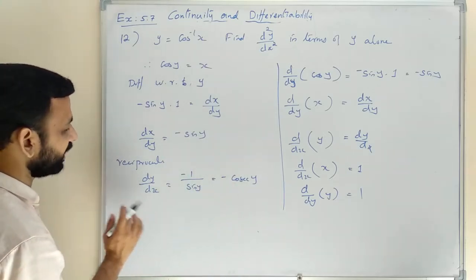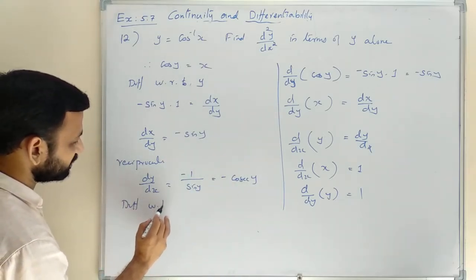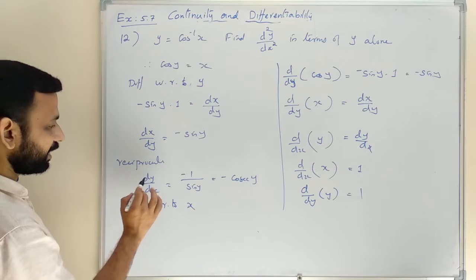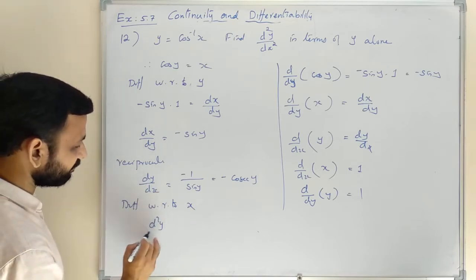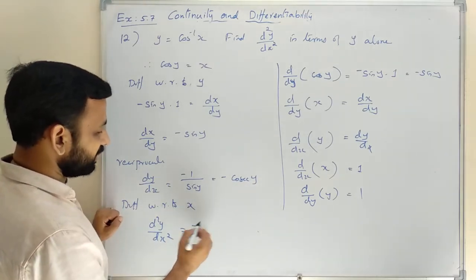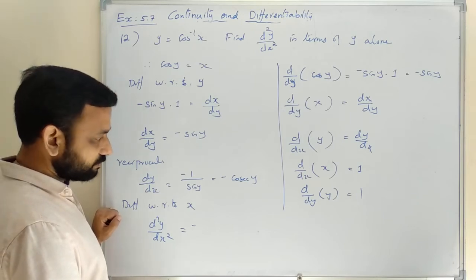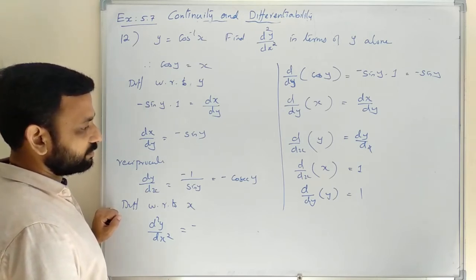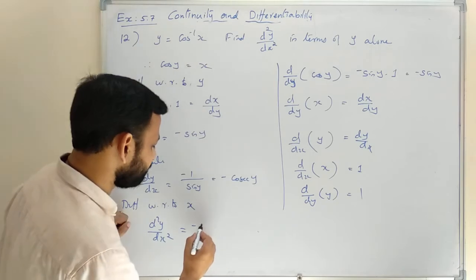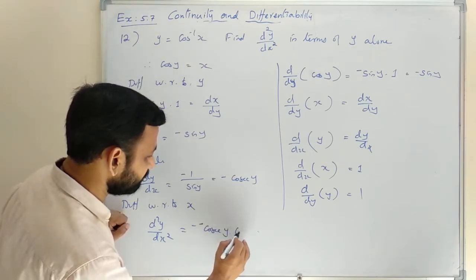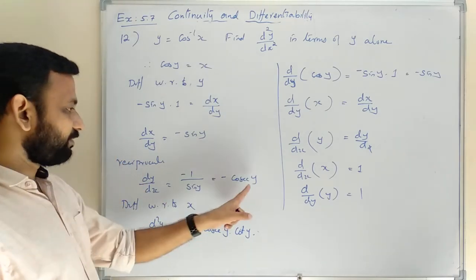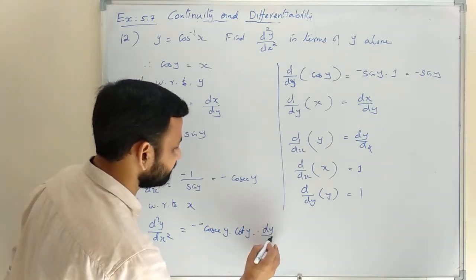So we can differentiate with respect to x. d by dx of dy by dx, that is d square y by dx square, equal to the derivative of minus cosec y. The derivative of cosec theta is minus cosec theta into cot theta, so minus cosec y into cot y into the derivative of y with respect to x, that is dy by dx.